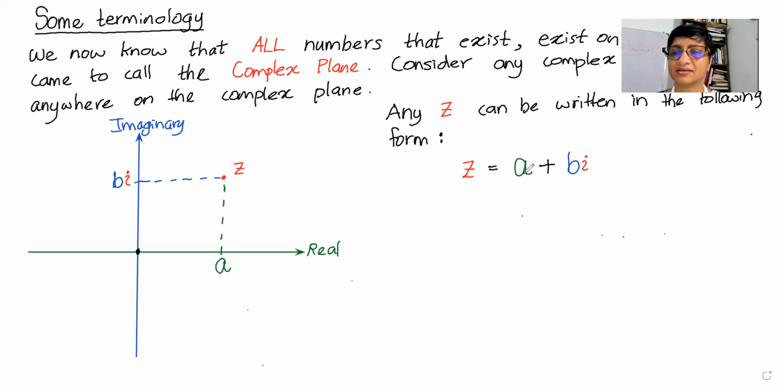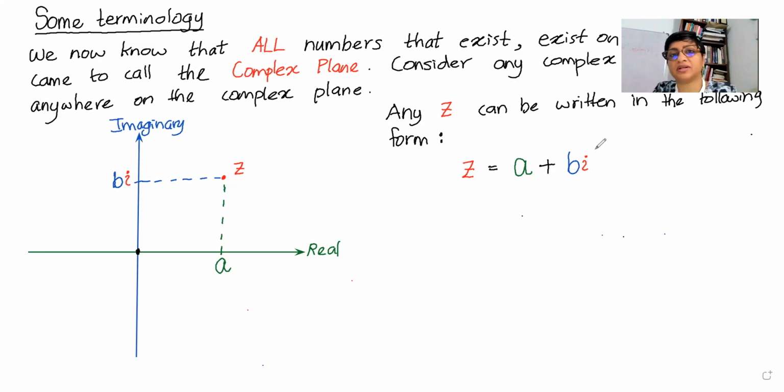This A here, it's always a real number. Some number, 10 or 5 or -3 or 1004 or whatever, half, whatever. This B over here is also some real number, right? Because we have separated out. So this I is what makes that term imaginary, but the coefficient B is a real number.